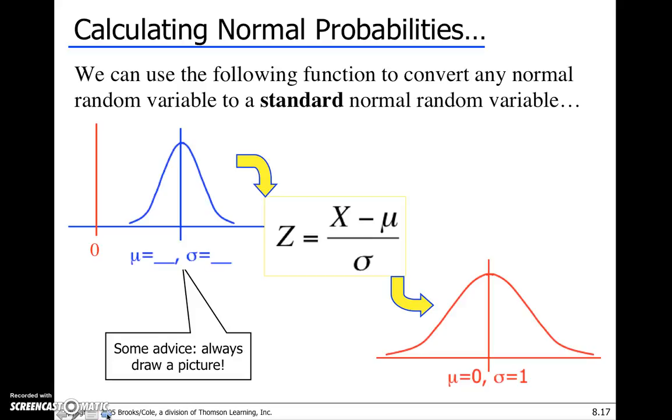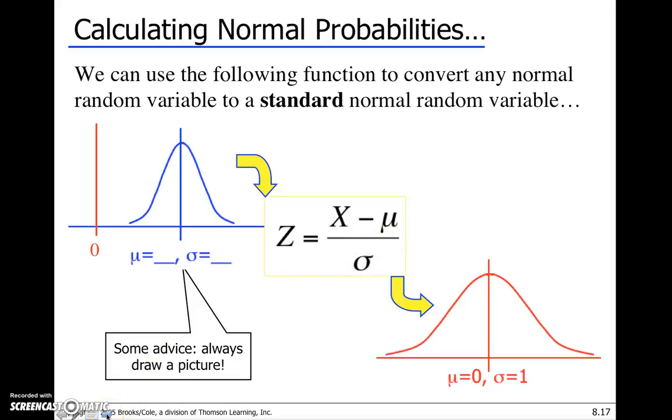Calculating normal probabilities. We can use the following function to convert any normal random variable to a standard normal random variable. Z equals x minus mu divided by sigma.